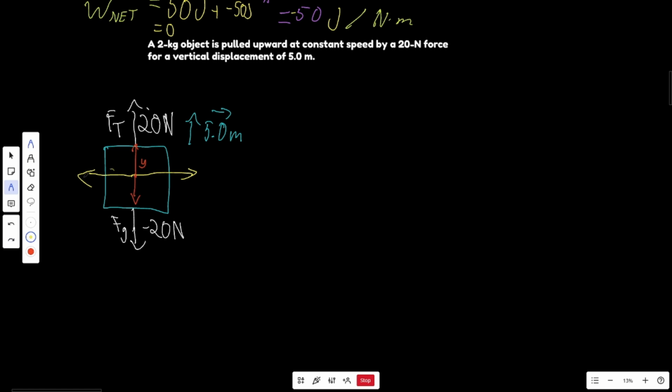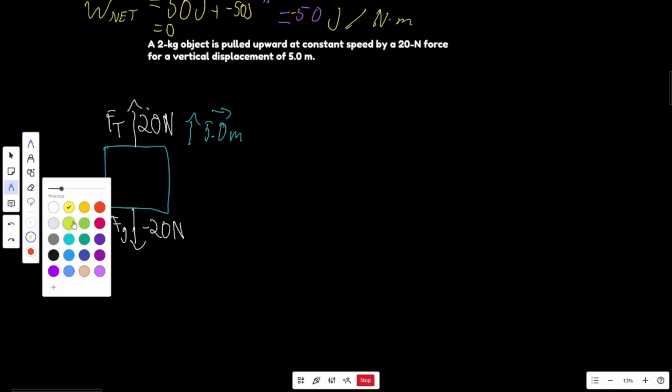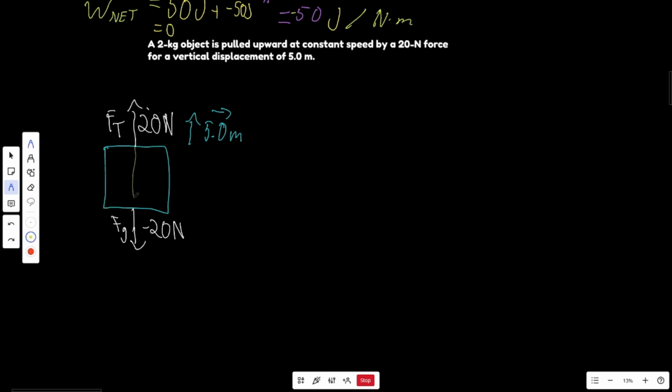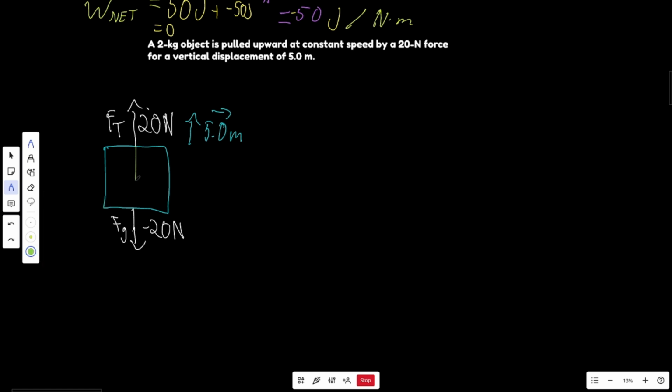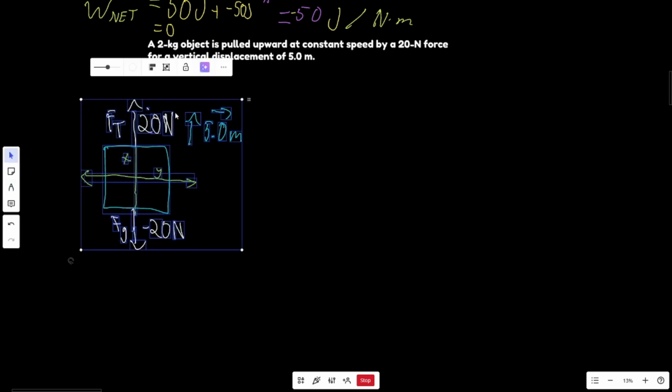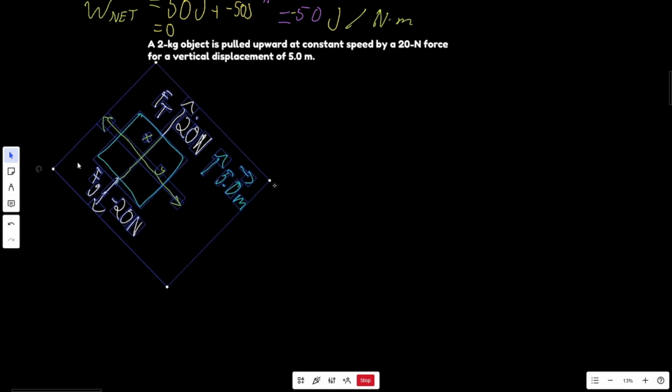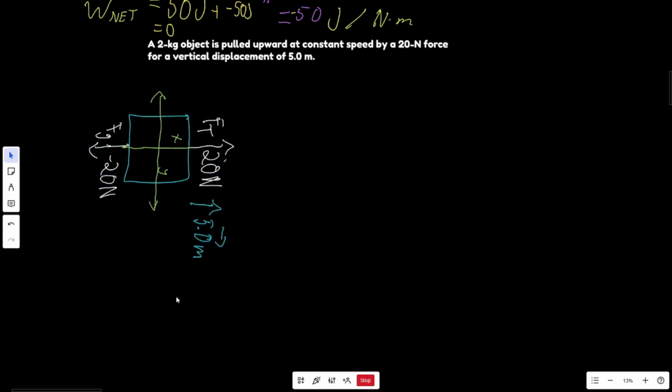Now, it's different for this type of question. Why? Because there is a displacement going upward. So we essentially flip our axes, and we're going to make it like this. This is our new x, and this is our y. And why is that? This is because in order to get the cosine, we're essentially flipping the entire thing like this.